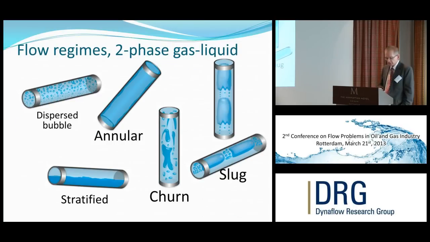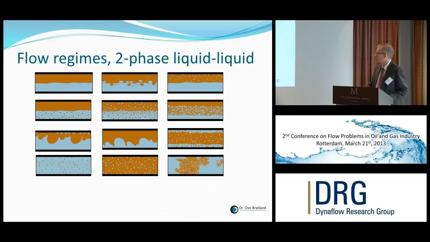So here are some of the flow regimes they have to deal with. They have to deal with annular flow, dispersed flow, stratified flow. Maybe they deal with churn flow, horizontal or vertical slugs. So that looks like quite a chaos. But the reality, which they don't talk so much about, is even more chaotic, much more so.